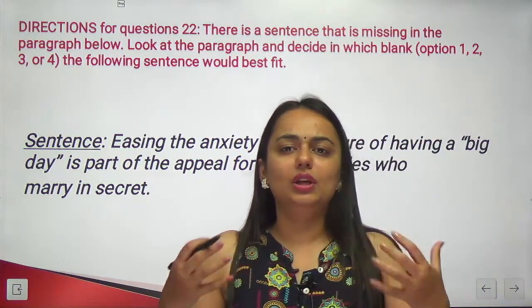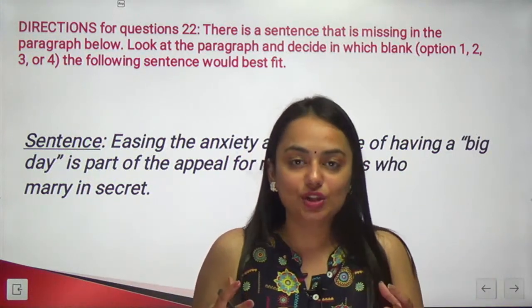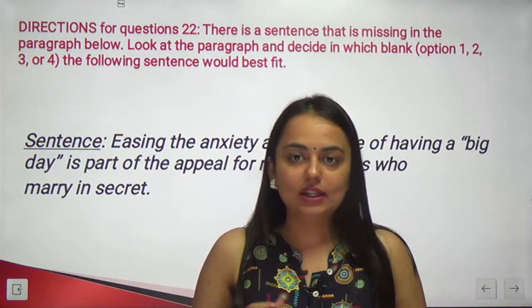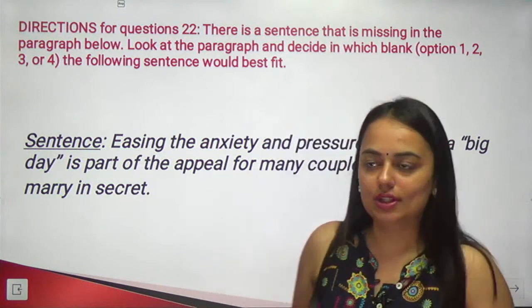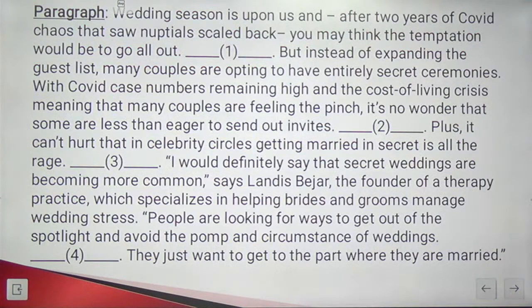Because they want to ease the anxiety. Almost all couples are anxious about their big day, so to avoid or ease that anxiety, they go for secret marriages. Now let's read the paragraph quickly. I will give you some time to go through it and then we will read it together.